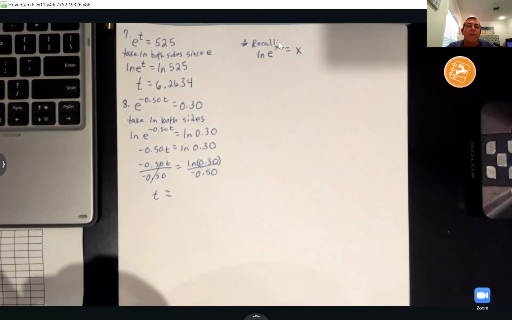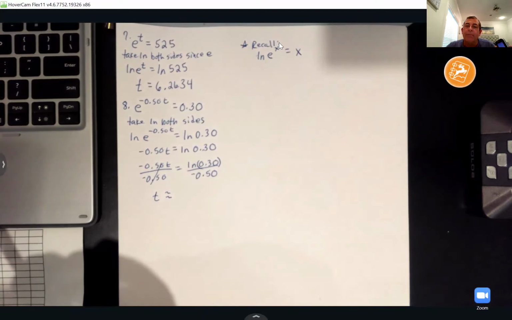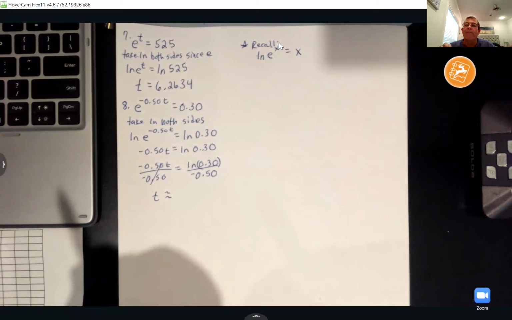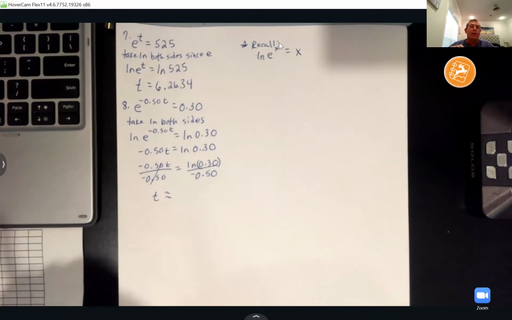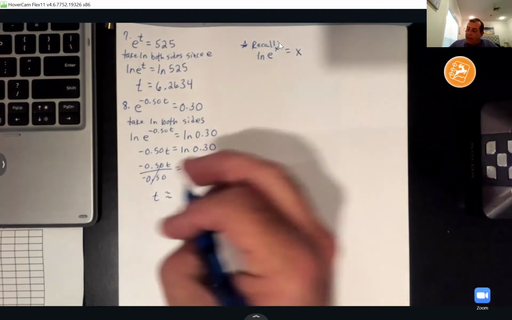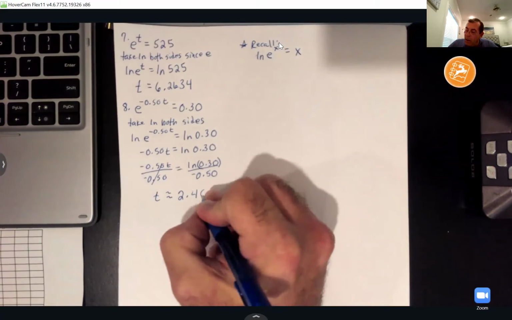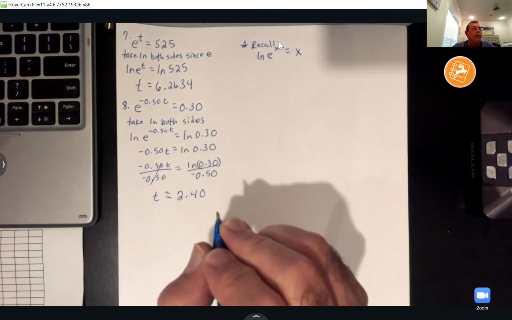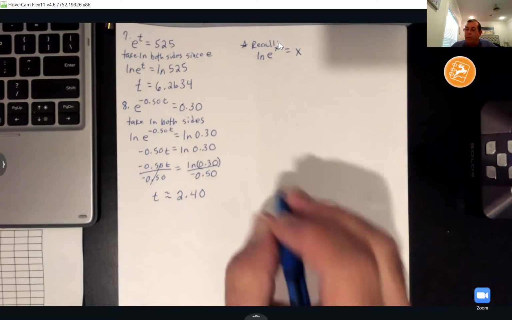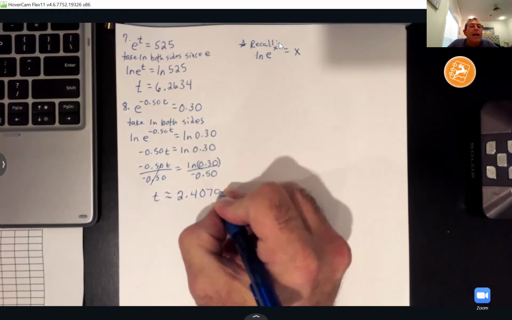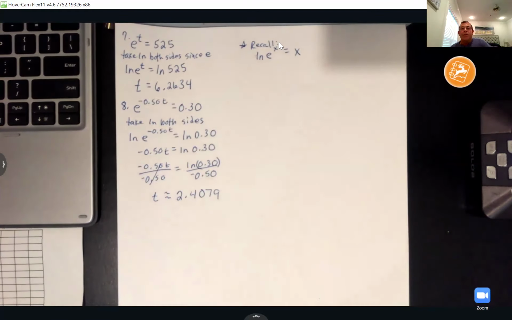Now, what you got to remember, don't do the ln on the bottom because that was just a negative 0.50. It didn't have an ln with it, okay? So when I did that one, I'm getting around a 2.40794. So I'm going to leave that as 79. So Samantha, you're perfect. Good job.